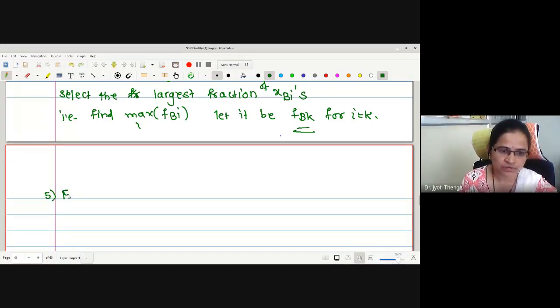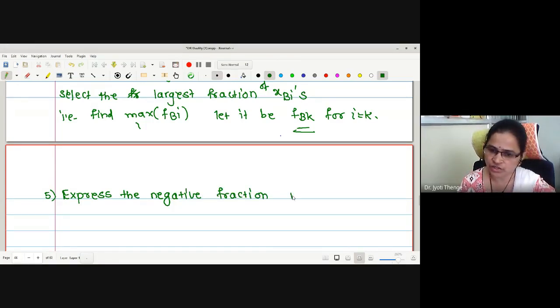Then we will express the negative fraction, if any, in the kth row. The kth row is what we have selected now. That is, the kth variable we have selected to convert to an integer value.